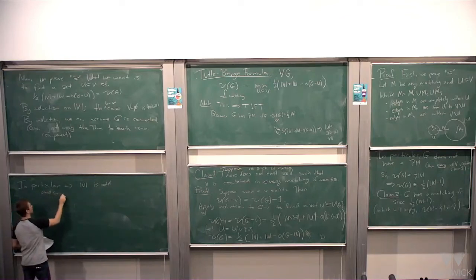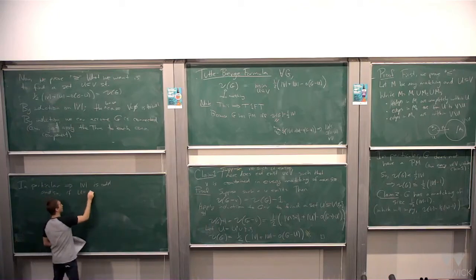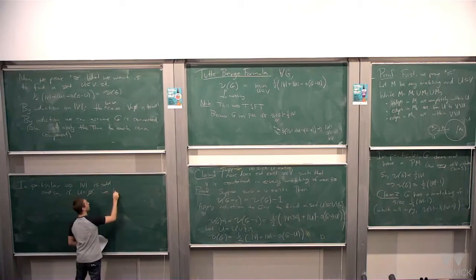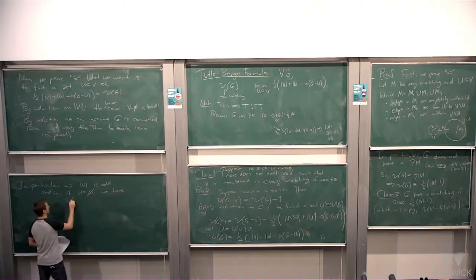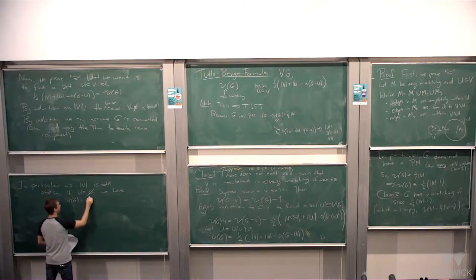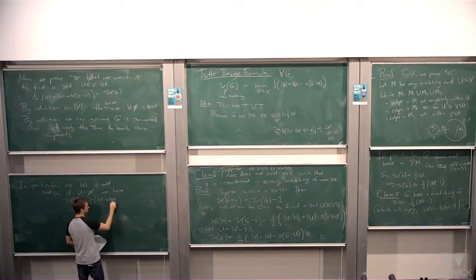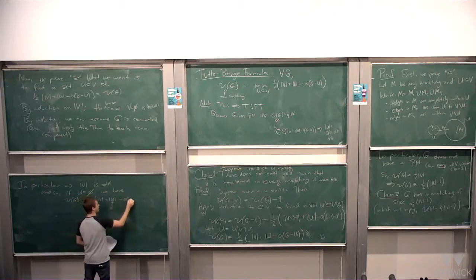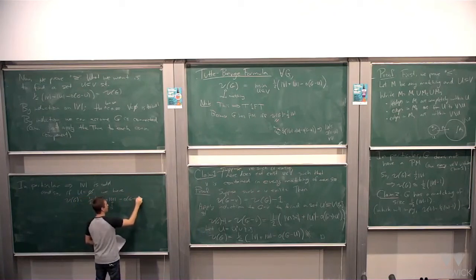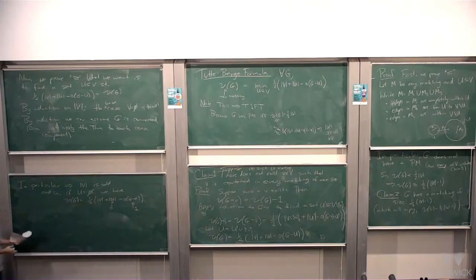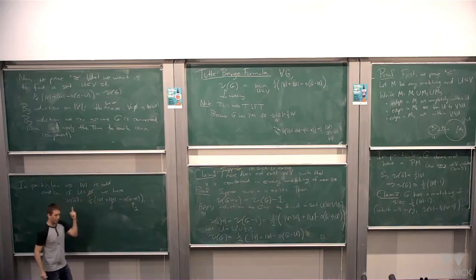And so if we just let U be the empty set, we have that nu of G will be a half V plus size of U, which is 0, minus the number of odd components in G minus U, which is 1, because if you delete nothing, this is just the number of odd components in G, and G is connected, so it has exactly one odd component.